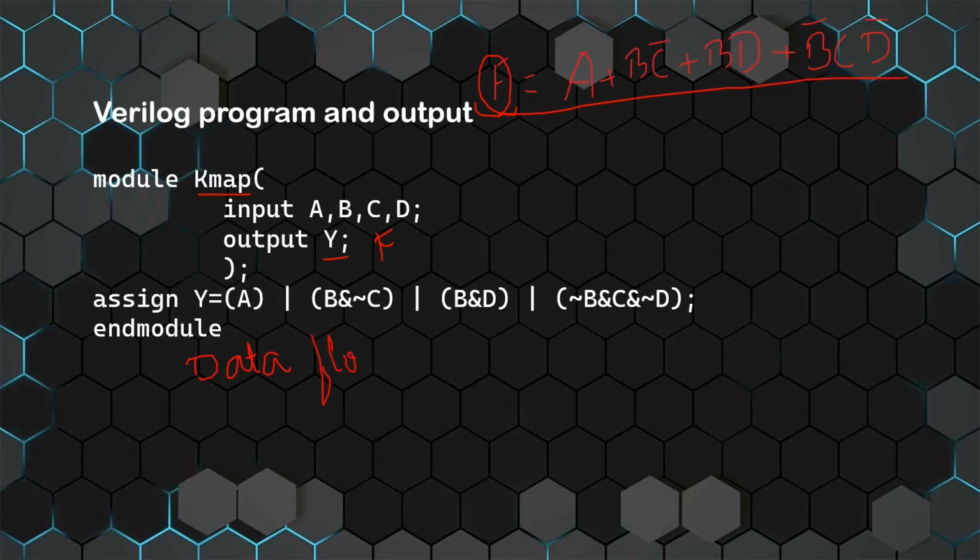In data flow we use assign. So assign F equal to A, or plus, we can use the or operator, B and complement of C, then or B and D, then or complement of B and C and complement of D, then end module. So this is how we have to write the Verilog program.